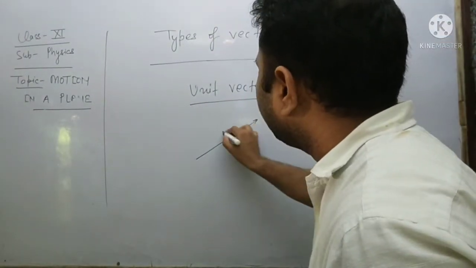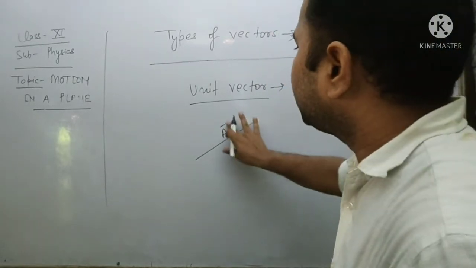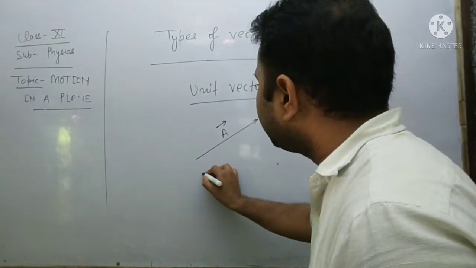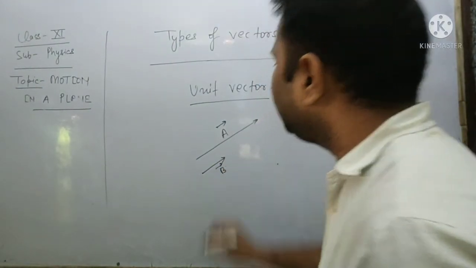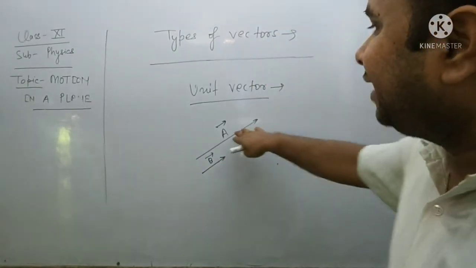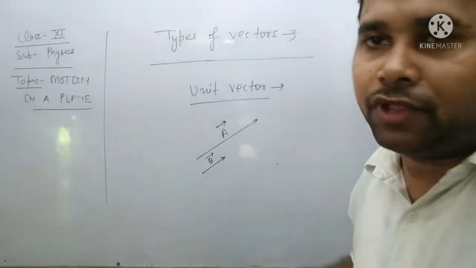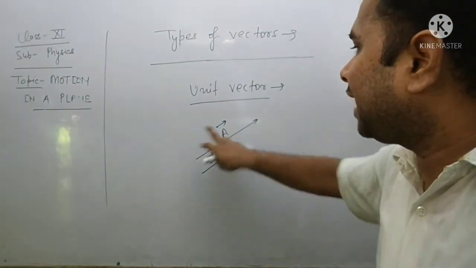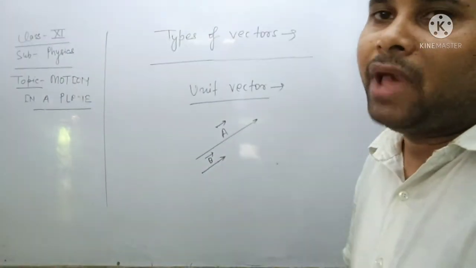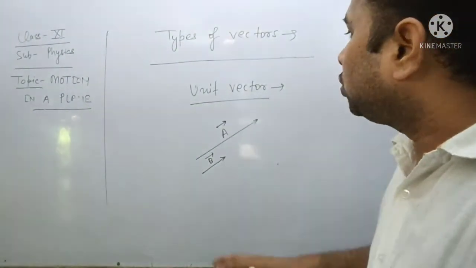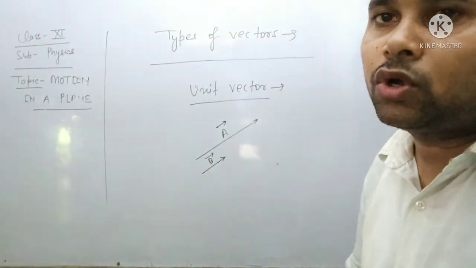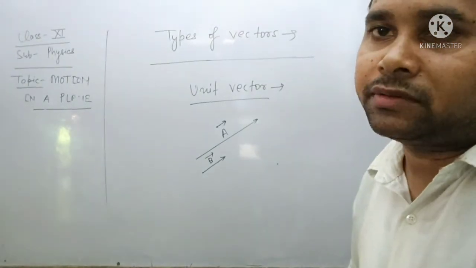Suppose this is the given vector A, and another vector B is also directed along the same direction as A, and suppose the magnitude of vector B is 1. Then B is called the unit vector of A.